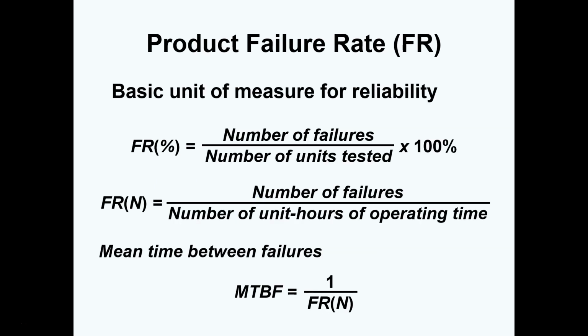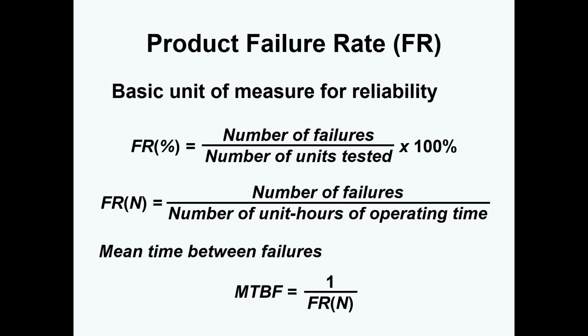To calculate product failure rate by percentage, we divide the number of failures by the number of units tested, then multiply by 100. To calculate the failure rate by number, we divide the number of failures by the number of unit hours of operating time.